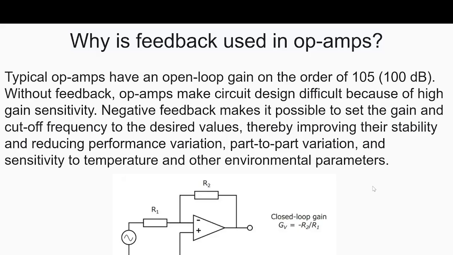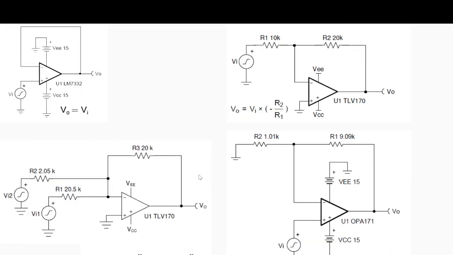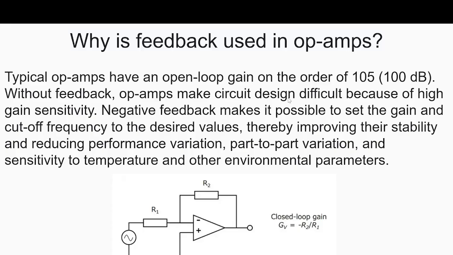Why is feedback used in OPAMPs? That is the most important point, because whenever you see an OPAMP, most of the time there is a feedback resistor or a feedback wire connection. The feedback wire connection is for when there is a unity gain. Typically OPAMPs have an open loop gain on the order of 10^5, which is roughly 100 dB.